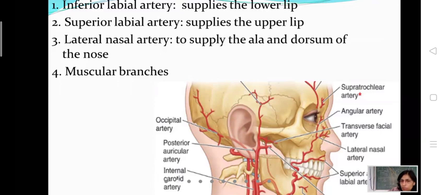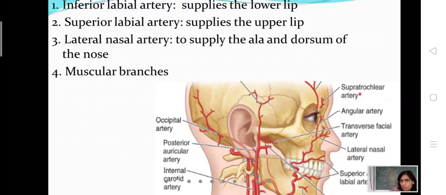This transverse facial artery is a branch of superficial temporal artery. This superficial temporal artery is one of the terminal branches of external carotid artery. For now, remember that the transverse facial artery is the branch of superficial temporal artery.